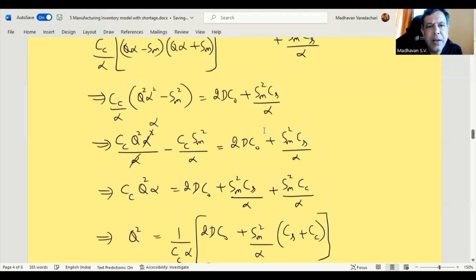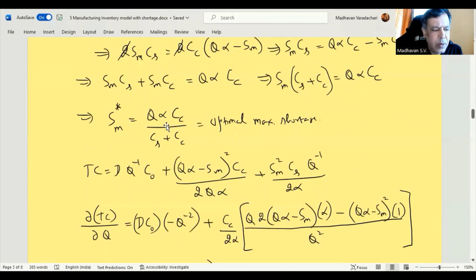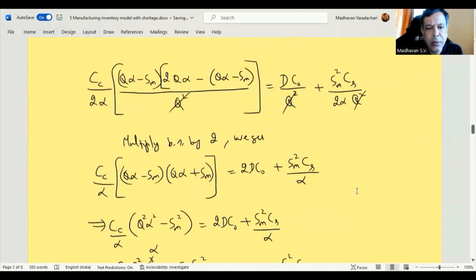Now we already evaluated optimal maximum shortage, which is Q alpha Cc divided by Cs plus Cc. This means that Sm square will be Q square alpha square Cc square divided by Cs plus Cc the whole square. We will substitute this down.